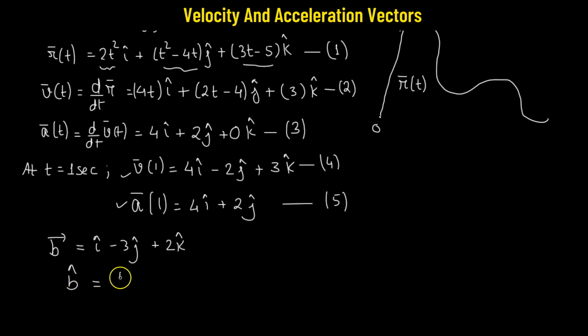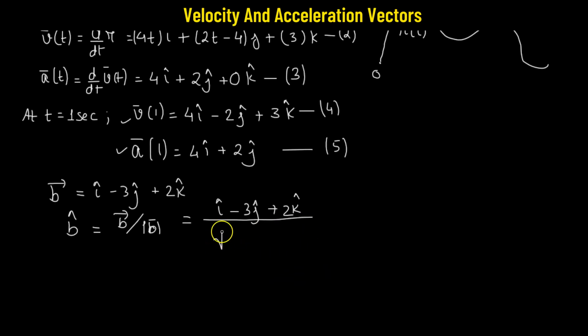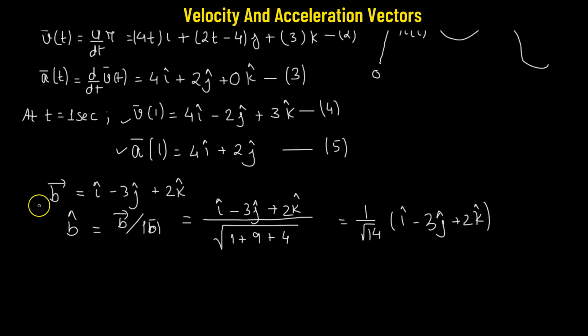So b cap is defined as the vector b divided by its magnitude. So we have i cap minus 3j cap plus 2k cap divided by the magnitude. The magnitude of vector b will be simply the square root of the squares of the components x, y and z added together. So we have 1 plus 9 plus 4. That means we have 1 over square root of 14 times i cap minus 3j cap plus 2k cap. So this is the direction of our vector b.